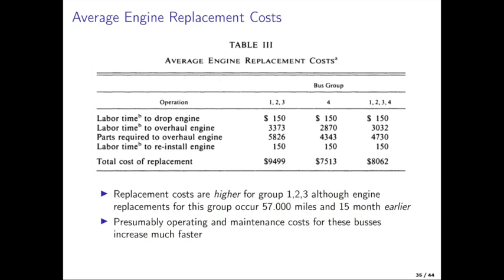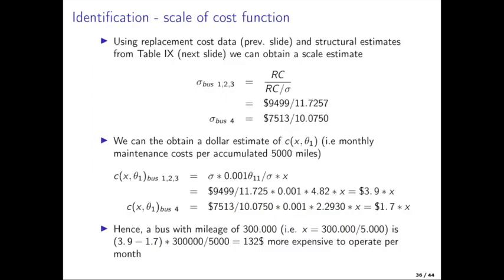So why would you have higher replacement cost and then replace more frequently? Maybe it's because they're different types of buses. Presumably the operating and maintenance costs for those buses are increasing much faster. If you could get data on these maintenance costs, you could have another test of whether this hypothesis actually holds.